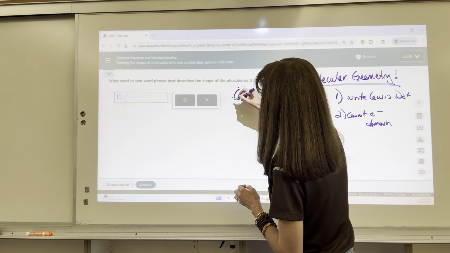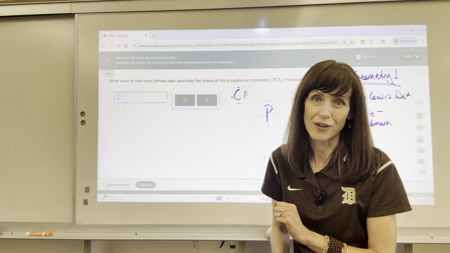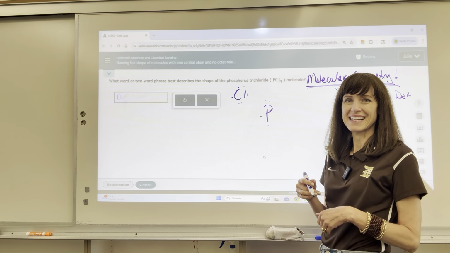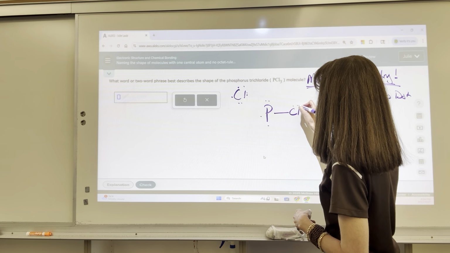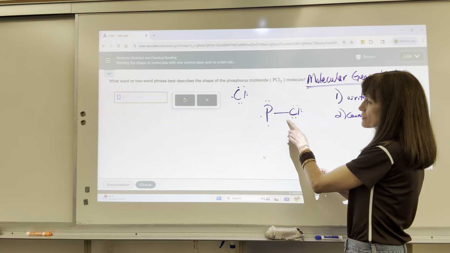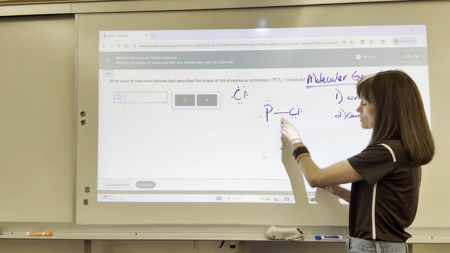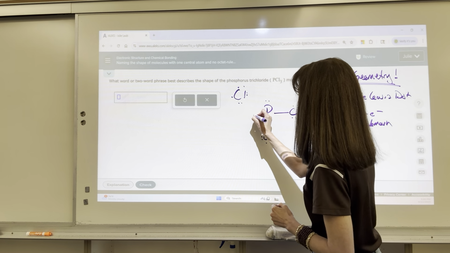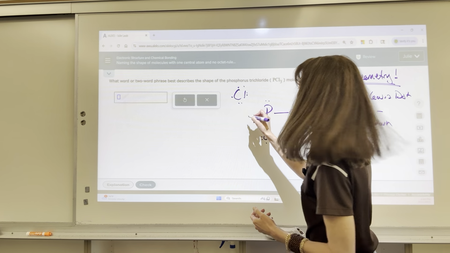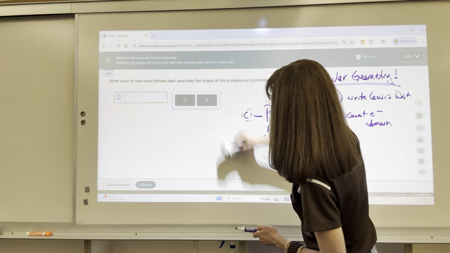It needs 1 more electron for a full octet. Easy peasy. We'll share 1 electron with each of the chlorines from the phosphorus. Fantastic.